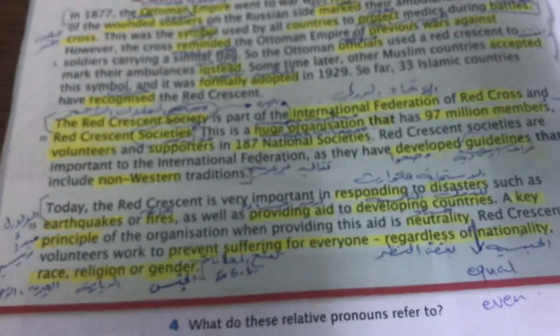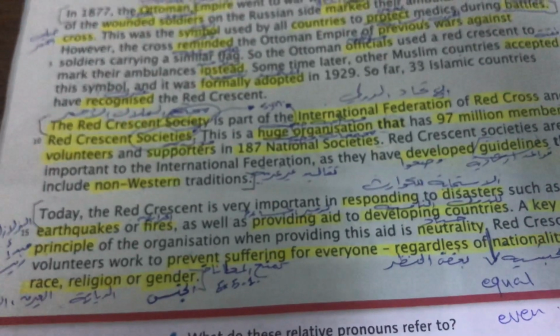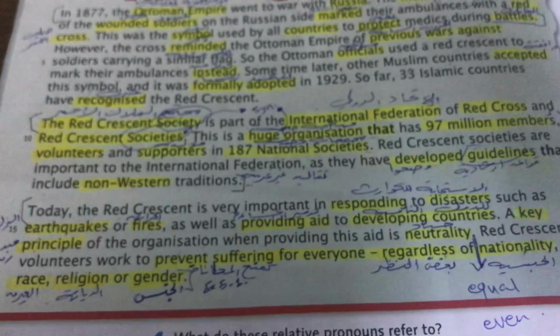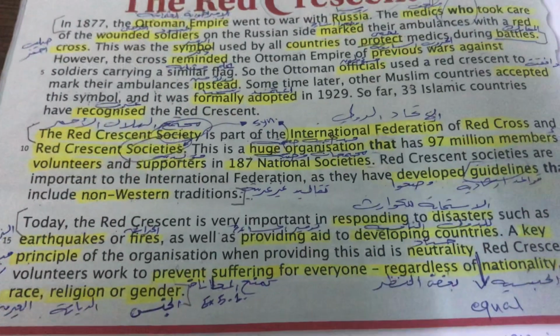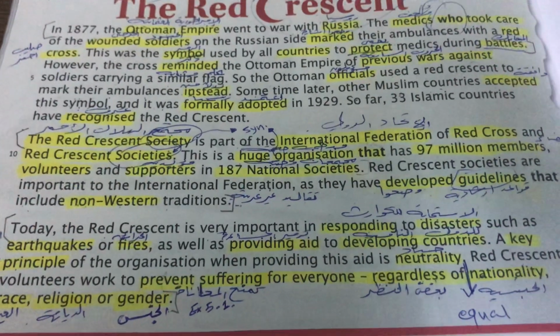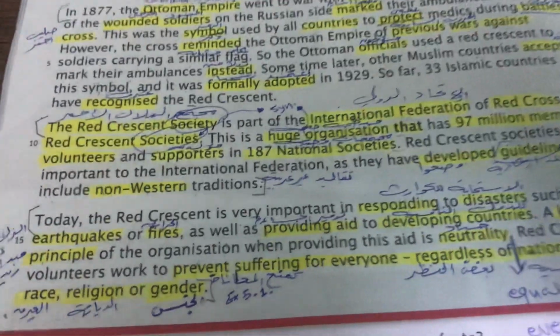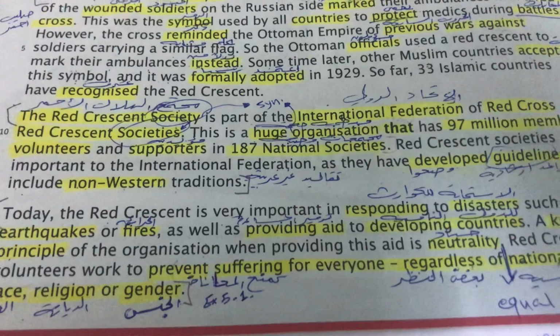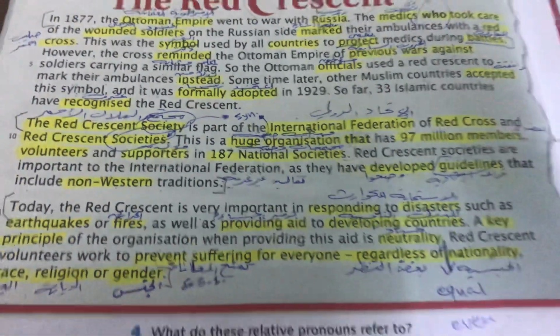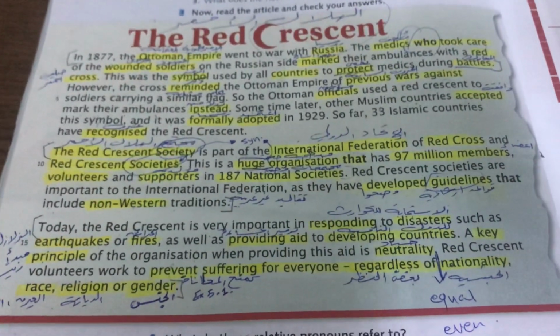paragraph. Today the Red Crescent is very important in responding to disasters such as earthquakes or fires, as well as providing aid to developing countries. This is very important.